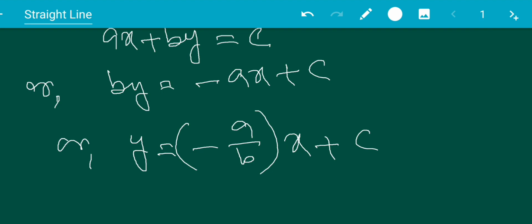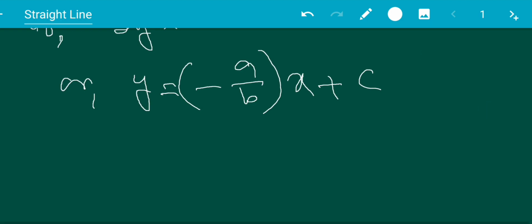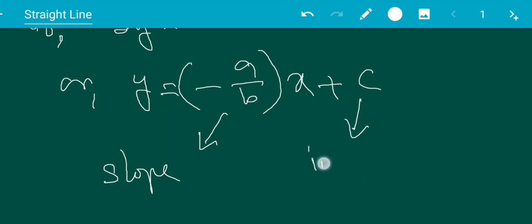Okay, if we can write the line in this form, then this value is slope and this value is intercept, or precisely y intercept. Okay, so we can find slope using this expression.